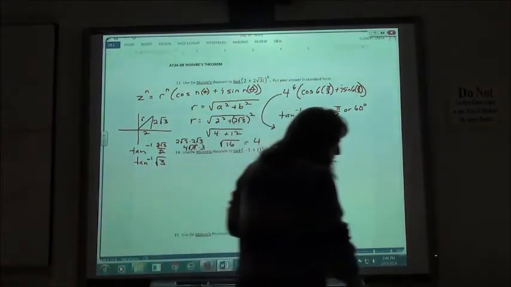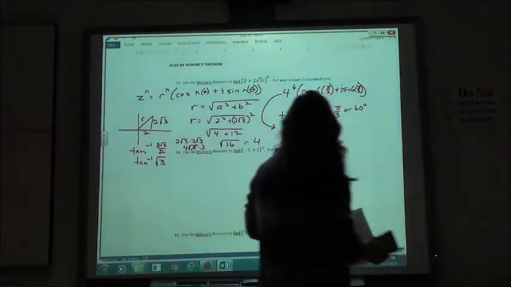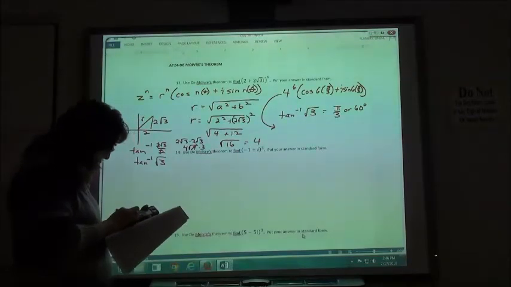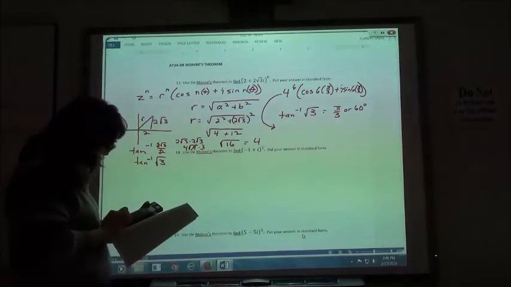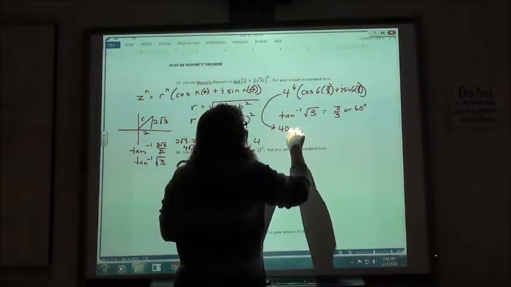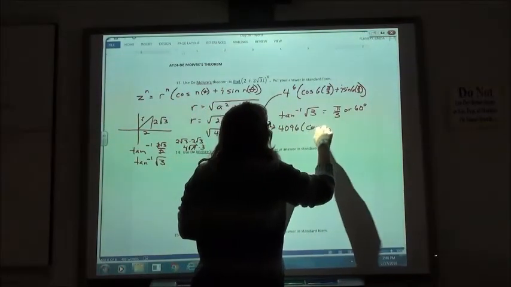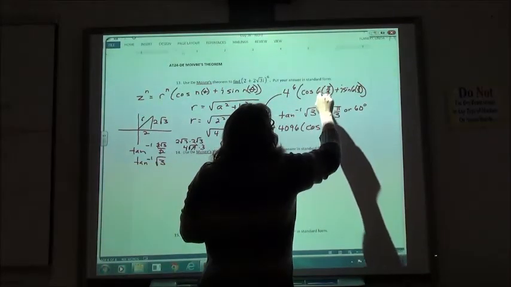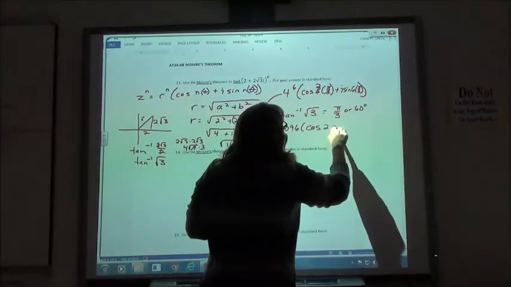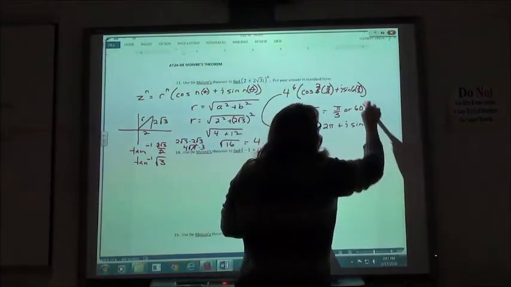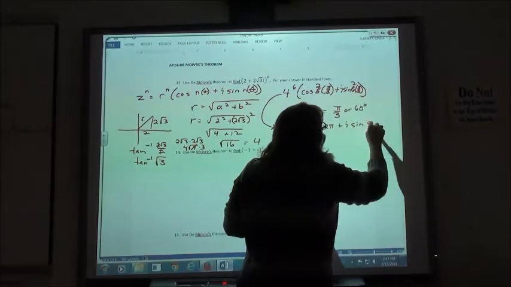Coming down here, I got to do some calculating. So 4 to the 6th power, 4 caret 6, is 4,096. Cosine of, here if I simplify, 3 goes into 6 2 times, so 2 pi, plus i sine. Same thing, 3 goes into 6 2 times, 2 pi.